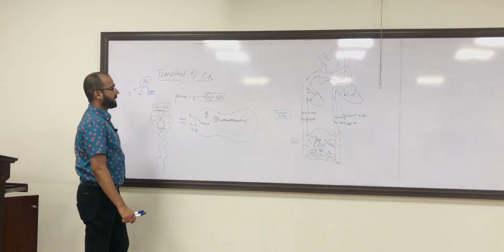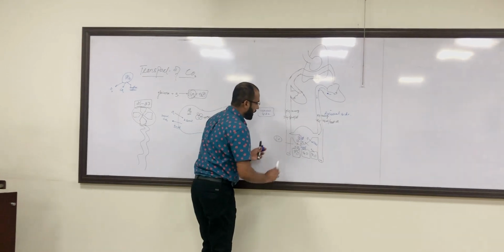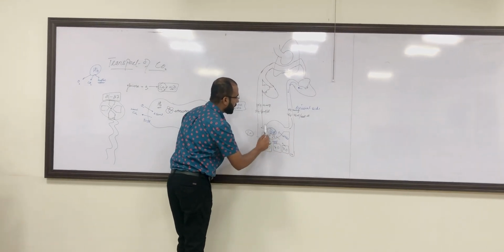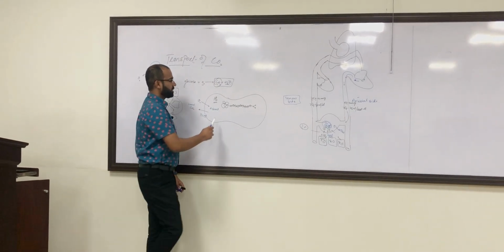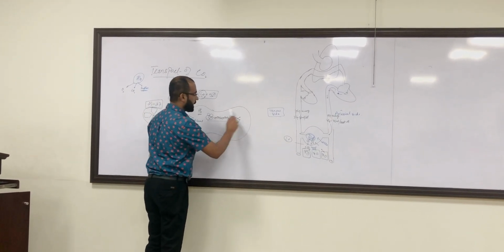So how is carbon dioxide transported? Of the 4 ml of carbon dioxide transported, in how many forms, and one role is played by the hemoglobin and RBCs.